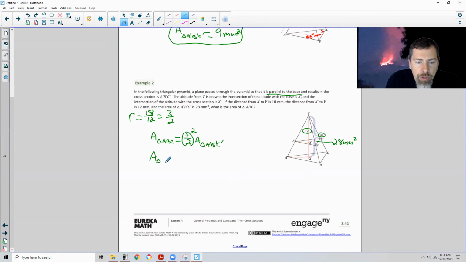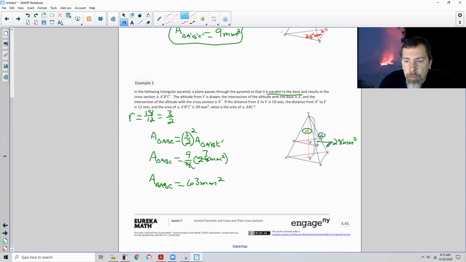So the area of triangle ABC is equal to 9/4 of what triangle A prime, B prime, C prime is, which is 28 square millimeters. The 4 will go into 28 7 times, so that makes it easy. The area of triangle ABC is therefore 63 square millimeters. So it's larger than the pre-image, which is up higher.